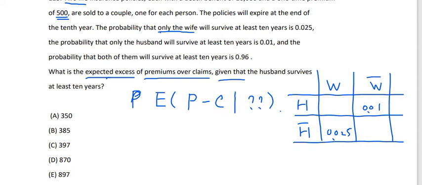And the probability that both will survive is given. Saying both will die, let's see. We can find the probability that both will die, it is 0.005.